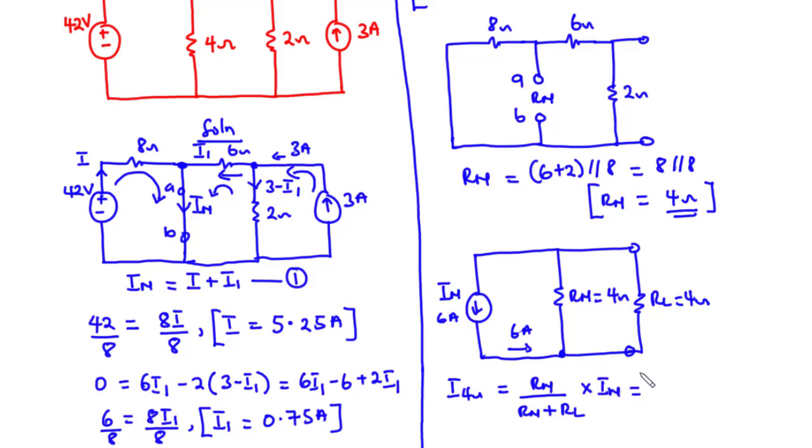So that is equal to 4 divided by 4 plus 4 times 6. 4 divided by 4 plus 4 is half, and then half of 6 is 3. Therefore, we have the current flowing through the 4 ohms resistor to be 3.0 amperes. Now let's solve the next question.